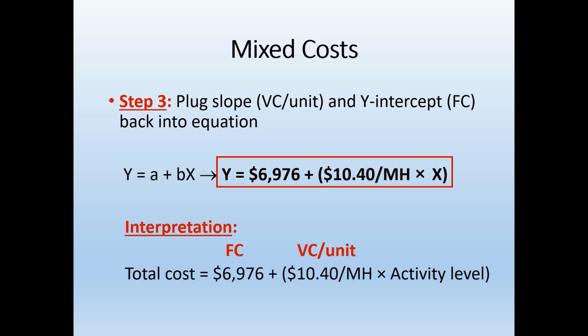We can interpret this formula to mean that the total machining cost is equal to $6,976, the fixed cost, plus $10.40 per machine hour times whatever activity level we're interested in within the relevant range.